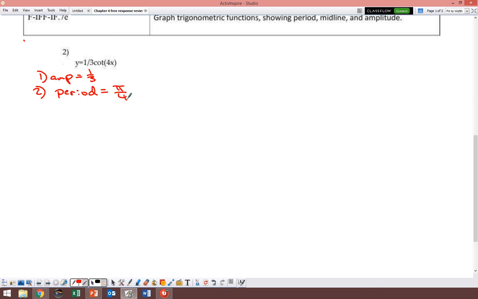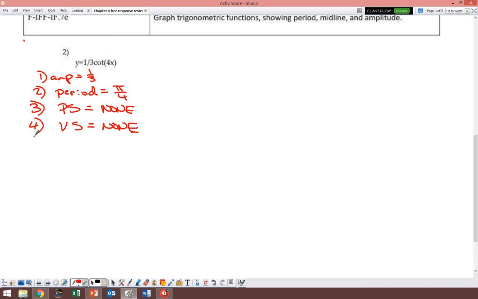Because tangent and cotangent always start with pi, and I divide it by b, and my b value here is 4. Right, Cash? Okay. Just making sure you're following along. All right, step 3 is step 4. Vertical shift is none.